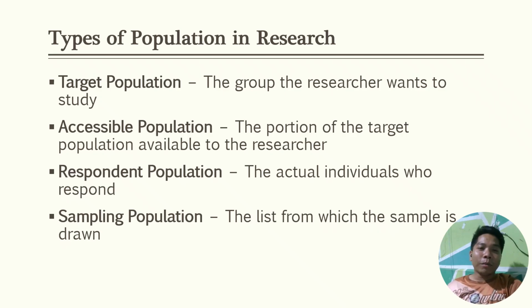From the accessible population, we can now define the sampling population, which is usually a master list or a sampling frame. So from the accessible population, you need to have your own list of individuals to be your respondents. That is the respondent population, the actual individuals who will respond or who responded to your study.